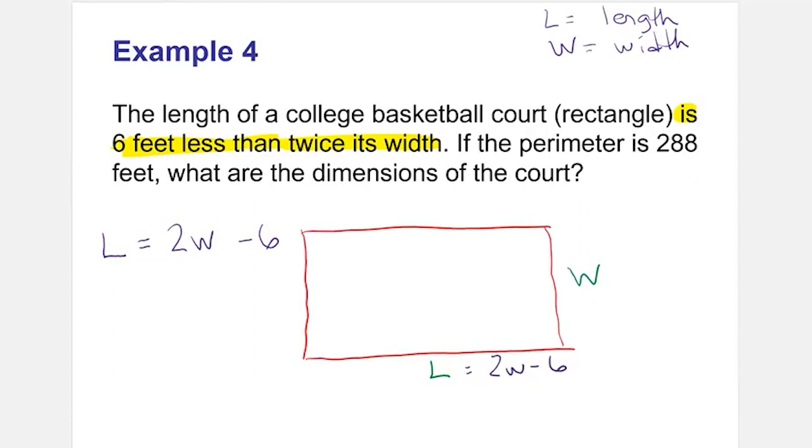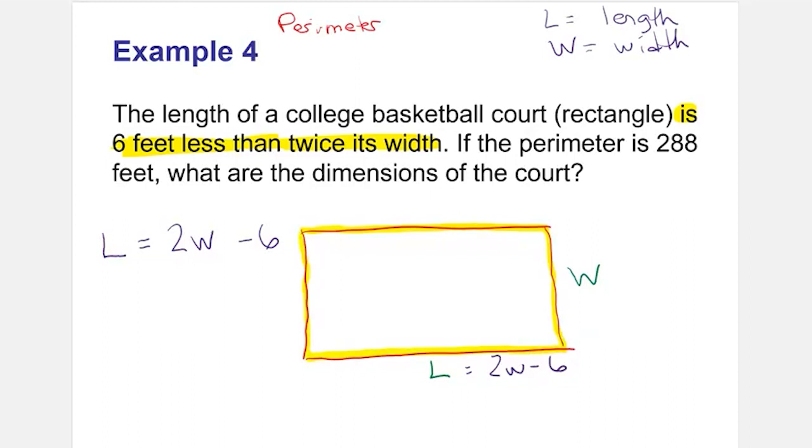And we have more information. It's important that we have more information because I can't really solve this very well unless I know what something equals. Now the perimeter, let me write it up here. The perimeter is if I were to walk around the outside of this rectangle, walking here and here and here and here.